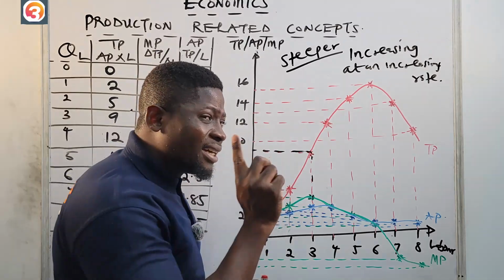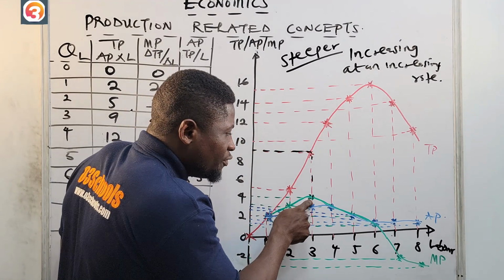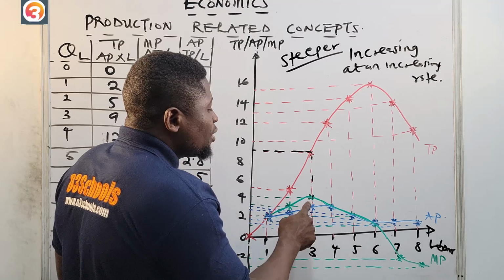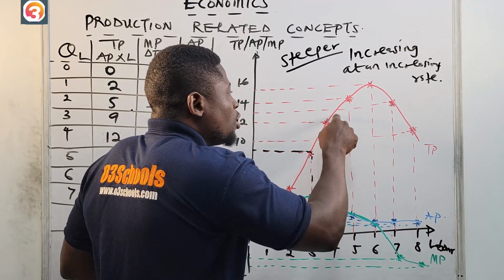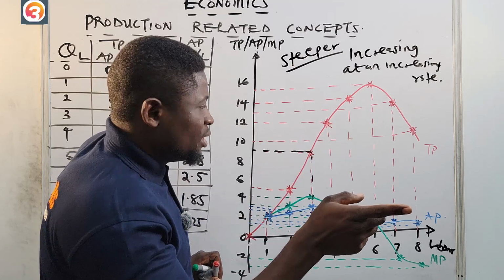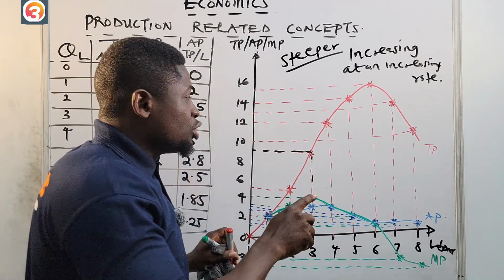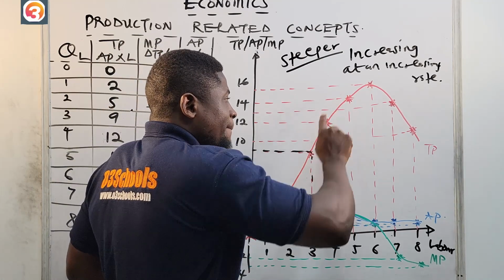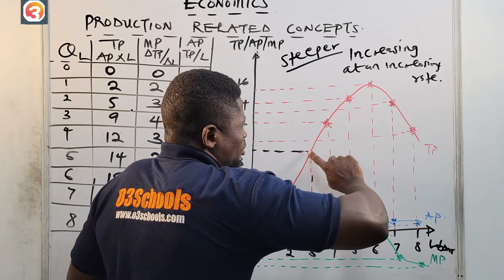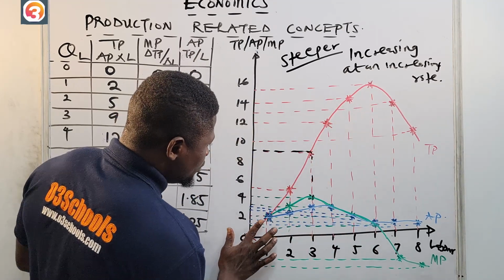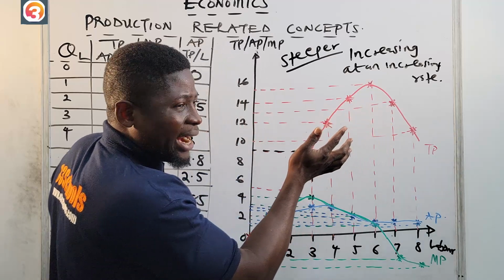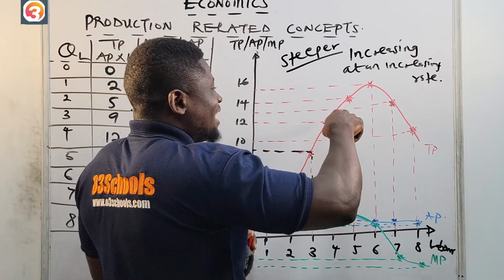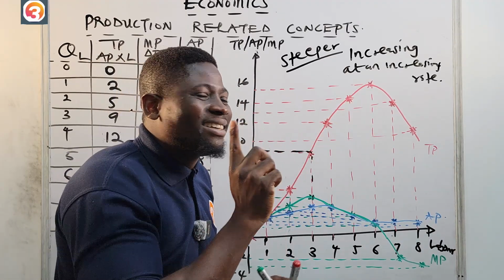Why? Because the MP curve is also decreasing. Look at the curve: it was going up straight, but when it got here, it started bending. So we say that it is still increasing, but at a decreasing rate.